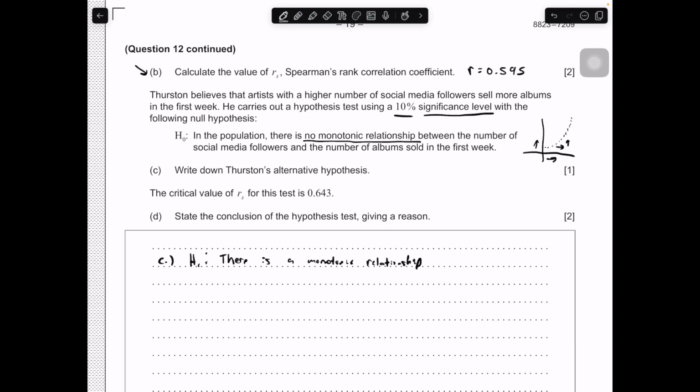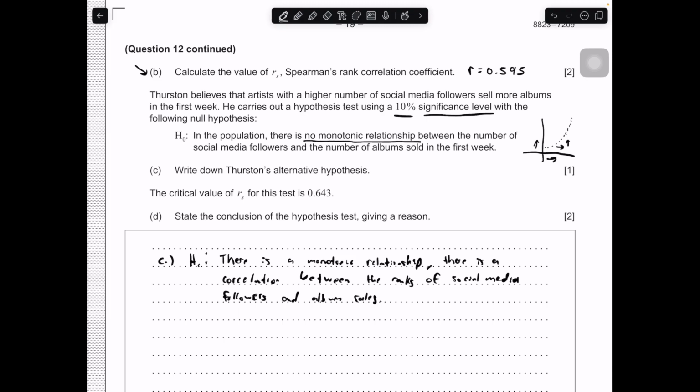Or we could say that there is a correlation, a positive correlation between the ranks of an artist's social media followers and album sales.